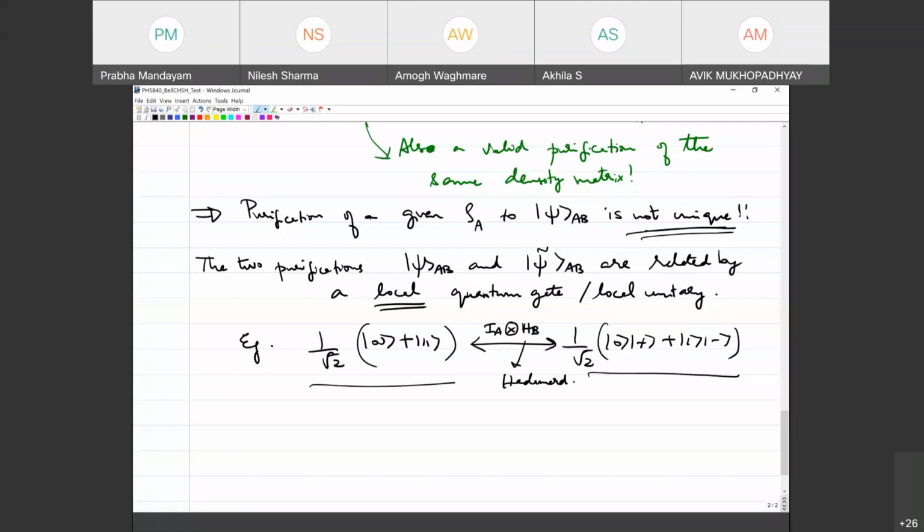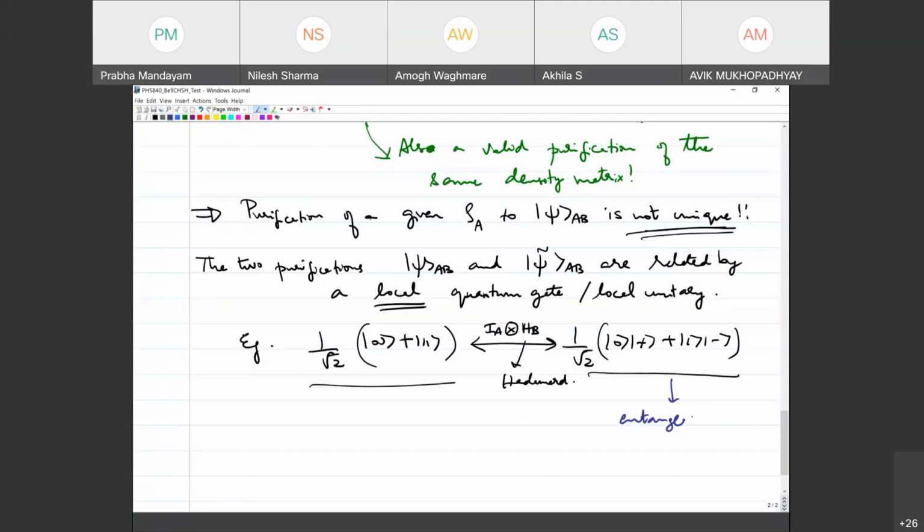Guys, you have to quickly answer me. Yes, ma'am. Okay. It is an entangled state. And is it in Schmidt form? Yes. Indeed. So this is very much an entangled state.